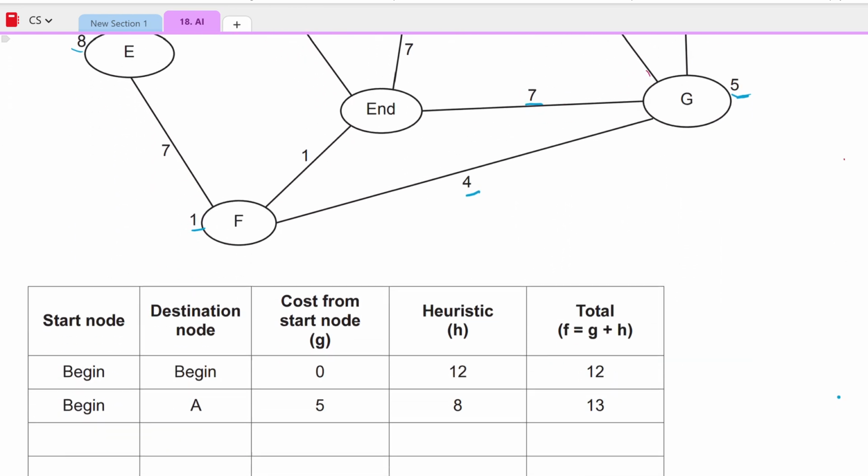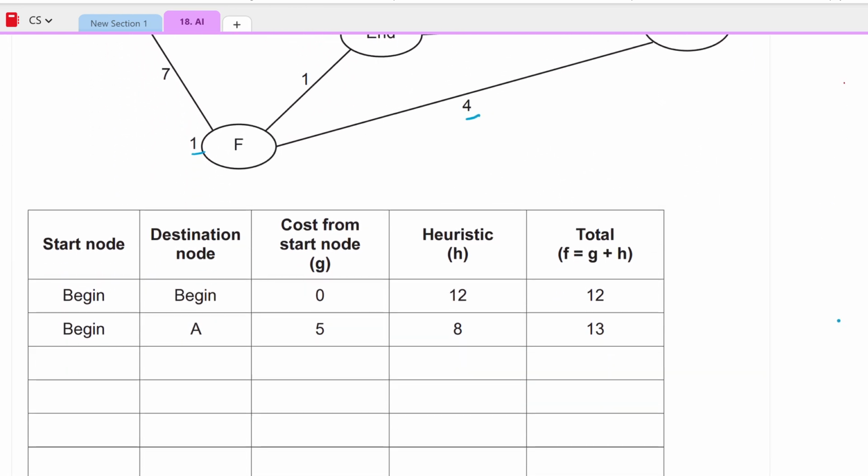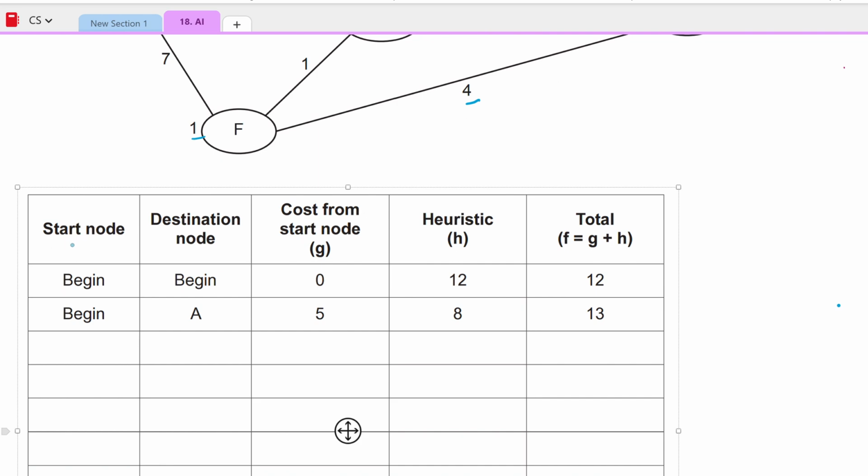Now this question is going to have a table. As you can see, we have the starting node, destination node, cost from the starting node, and the heuristic value of that specific node, and then we'll calculate the total, and we are going to follow the path that gives us the least value.